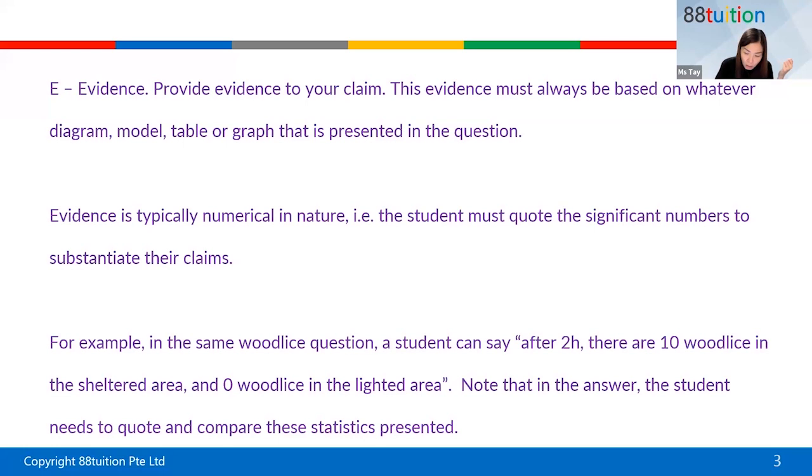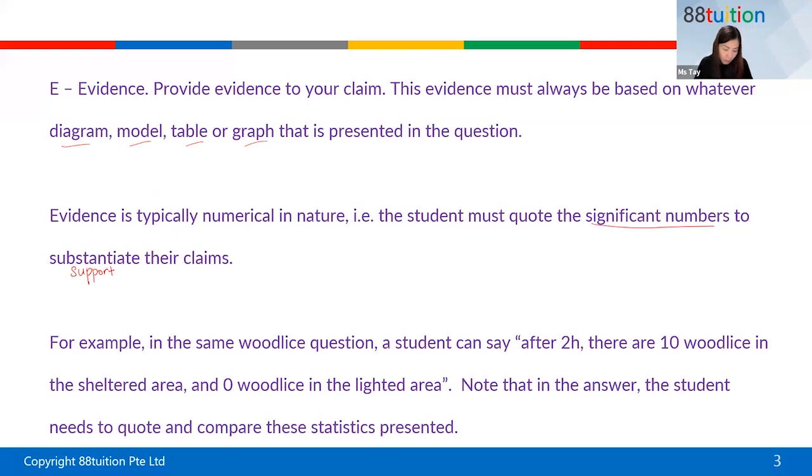It is based on whatever diagram, model, table, or graph. Sometimes it's just inside the paragraph. A lot of times evidence is numeric in nature, so you need to quote the numbers to substantiate the claim. Substantiate means support, to support your claim.